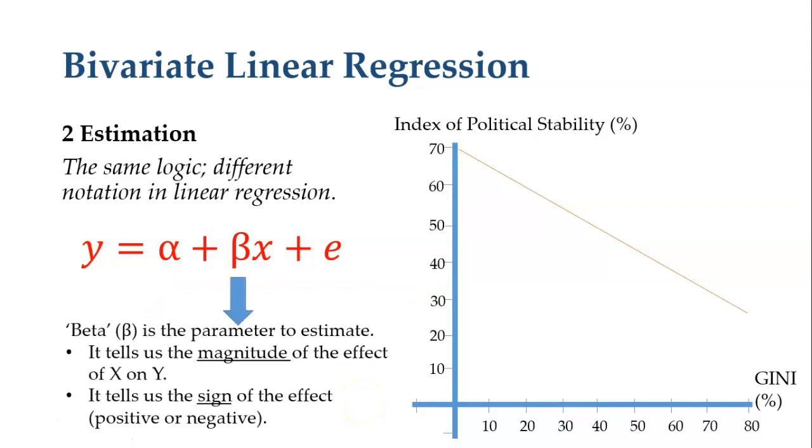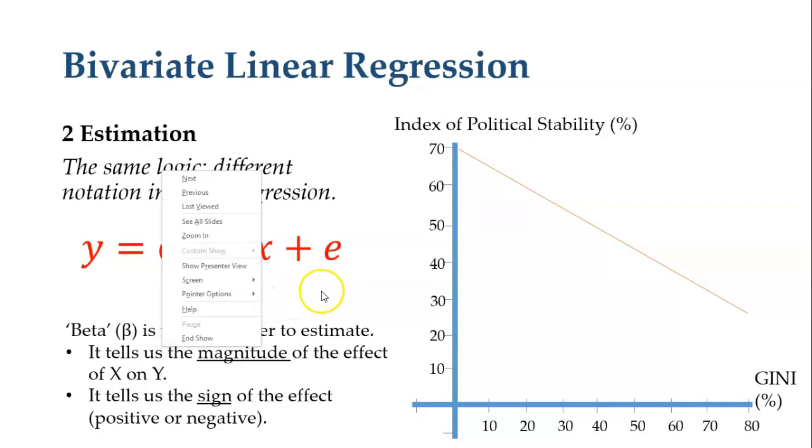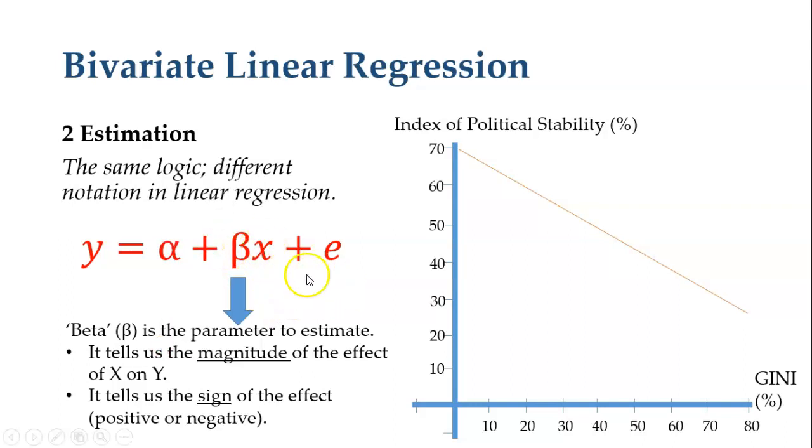Beta is our parameter of interest and the parameter that we want to estimate. Okay. And it's called beta in Greek. And basically, beta tells us the magnitude of the effect of x on y, and also the sign of the effect, if it is positive or negative. It has the same role as the slope of the line.